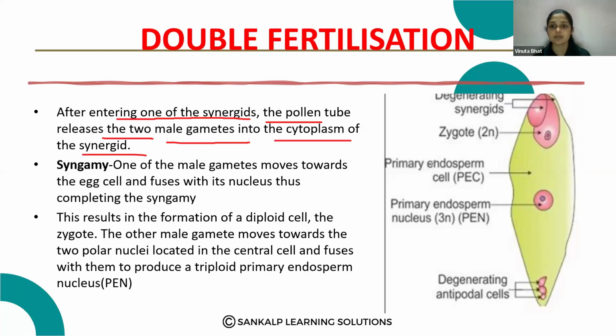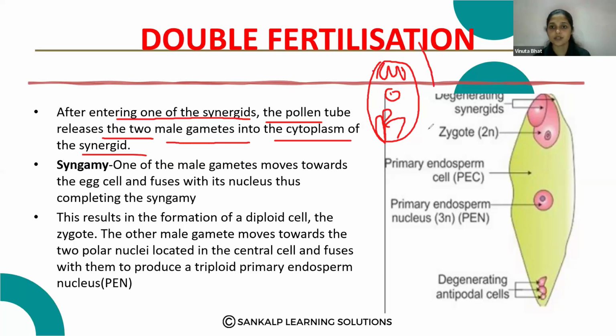synergid. So just imagine the matured embryo sac, which contains the synergids and the egg apparatus, central cell and the antipodals, right?